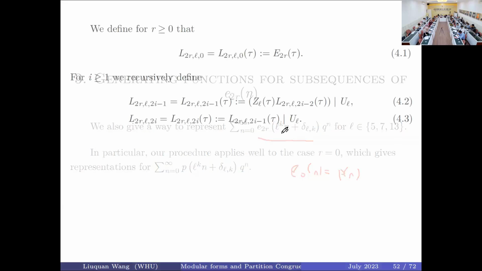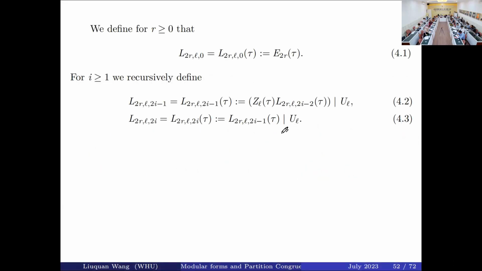Okay, let's see what we have done. The notations here will be relatively complicated. If you find this boring, you can just take a rest. So first we use L_{2r,0}, or you can just regard this as L_{2r}, to be the weight 2r Eisenstein series.